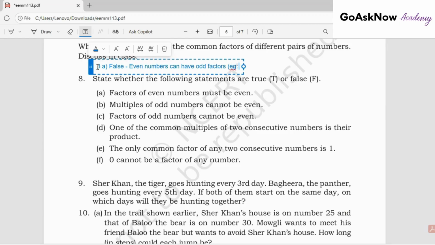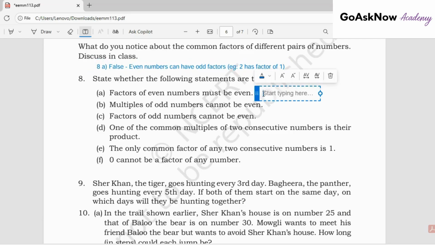Example, 2 has the factor of 1, which is odd. So the answer is false. Next, multiples of odd numbers cannot be even. This is true.